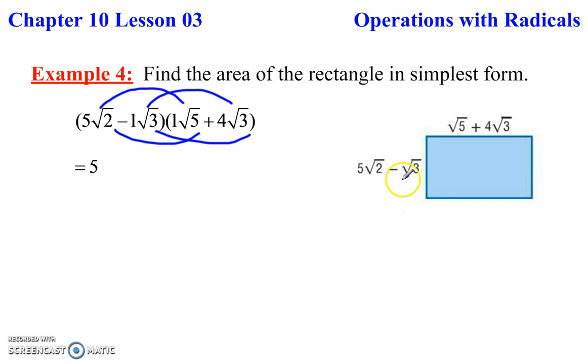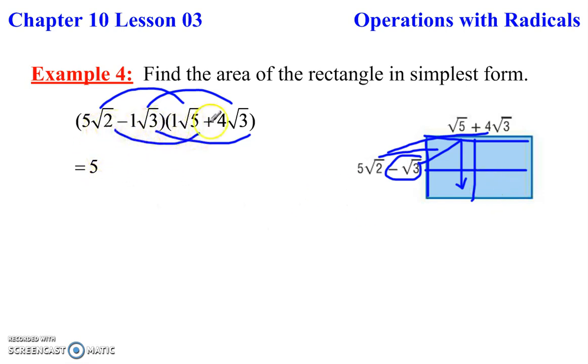That's one way to do it. Another way to do it is use our box. Do 5 radical 2 times 5 here. 5 radical 2 times 4 there. Negative 3 times radical 5 here. And negative 3 times radical 4 in the last box.